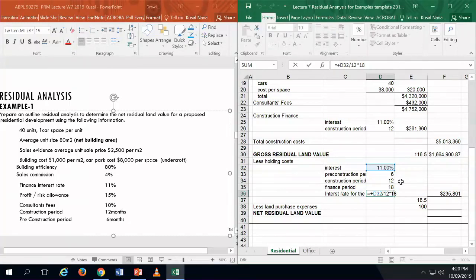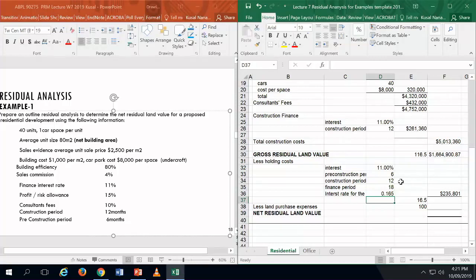Confused? Why don't we use just the construction period? Because we have some time to get planning approvals and everything before construction starts. We buy the land and it takes a few months to get the planning approvals from the city council. That period is 6 months, but still we have to pay the interest for the land loan.